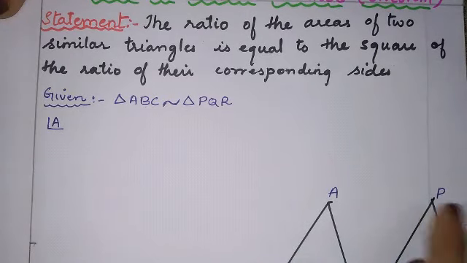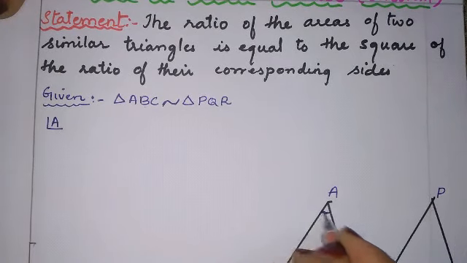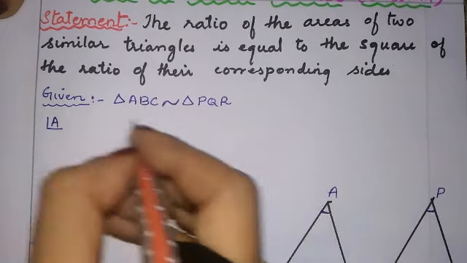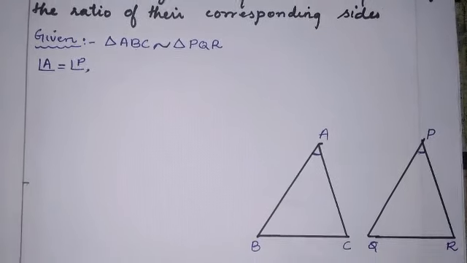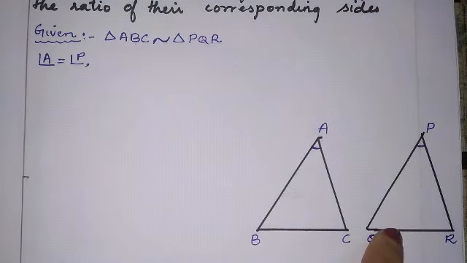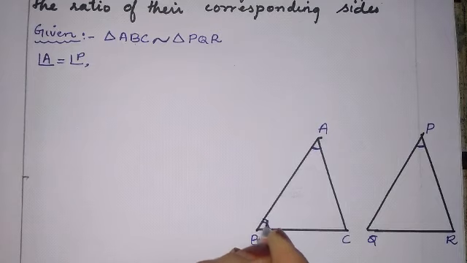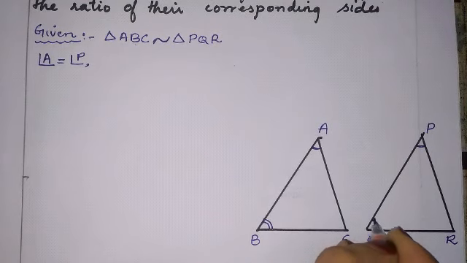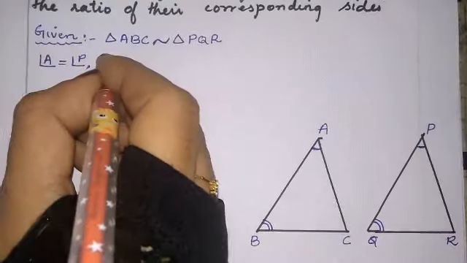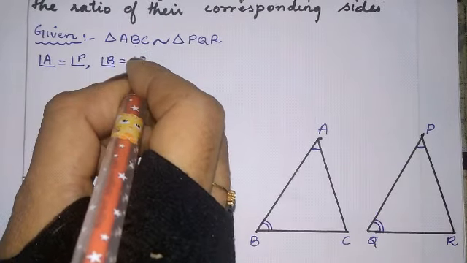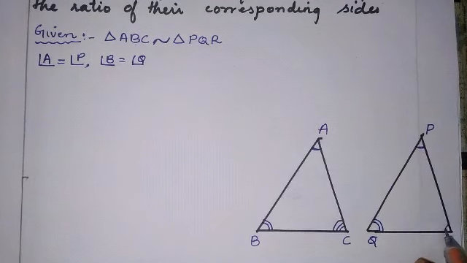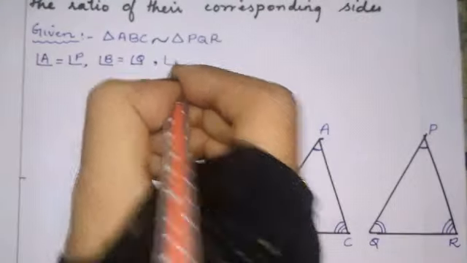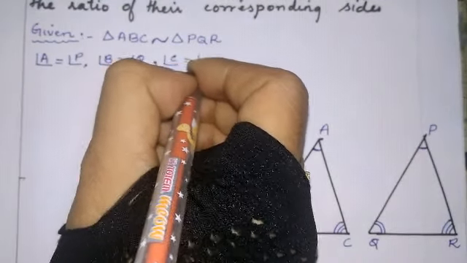Angle A is equal to angle P. Next, angle B is equal to angle Q. Next, angle C is equal to angle R, according to the similar triangle theorem.